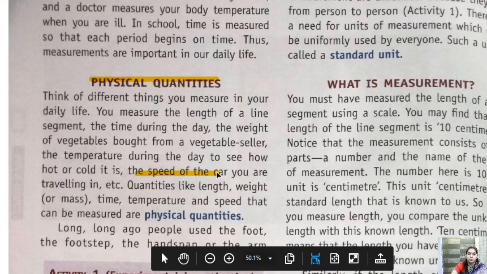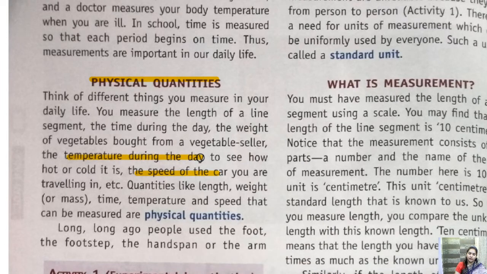When you were in school, when you read the daily news, you used to tell the temperature of the day, the climate of the day, whether it is hot or cold, an average temperature of 35 degrees Celsius or 30 degrees Celsius. So you were telling the accurate measurement of the temperature.